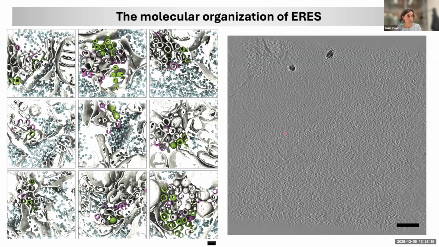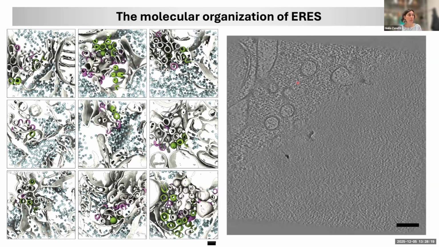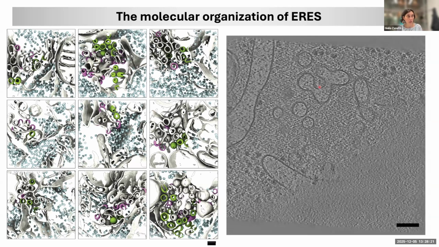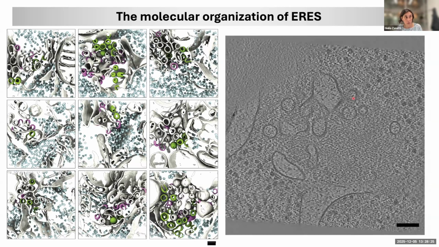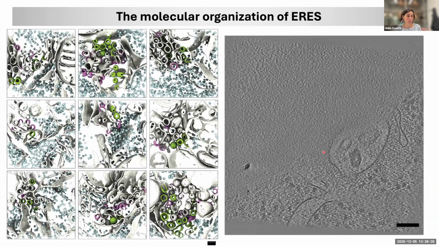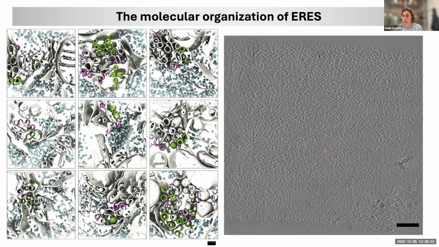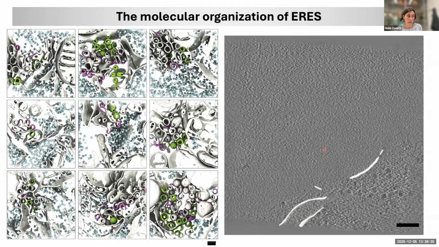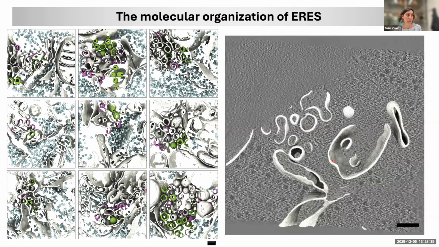So here is another movie. It's the same tomogram as before. So again, you can see the ER membranes and then these vesicular tubular clusters in the middle with these coated profiles. And now with this movie, I'm showing the results of our membrane segmentation. We've used automated AI-based membrane segmentation routines. This is MemBrain-seg.